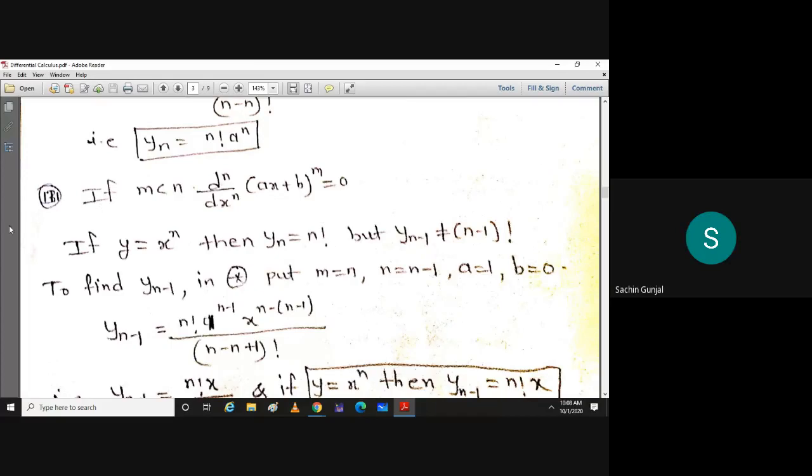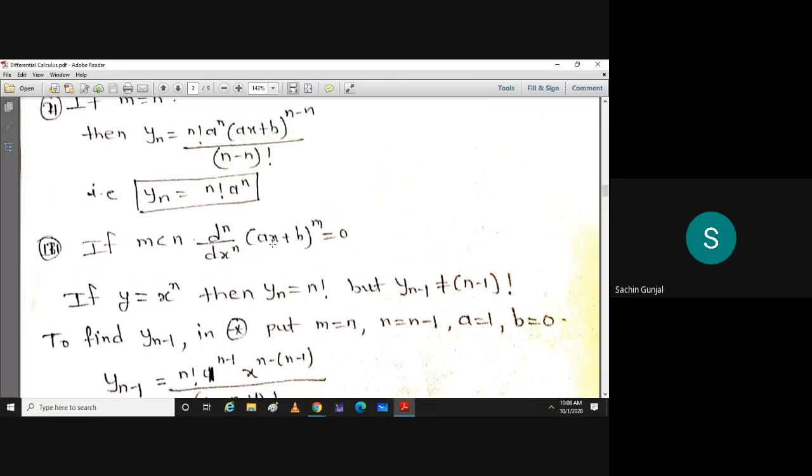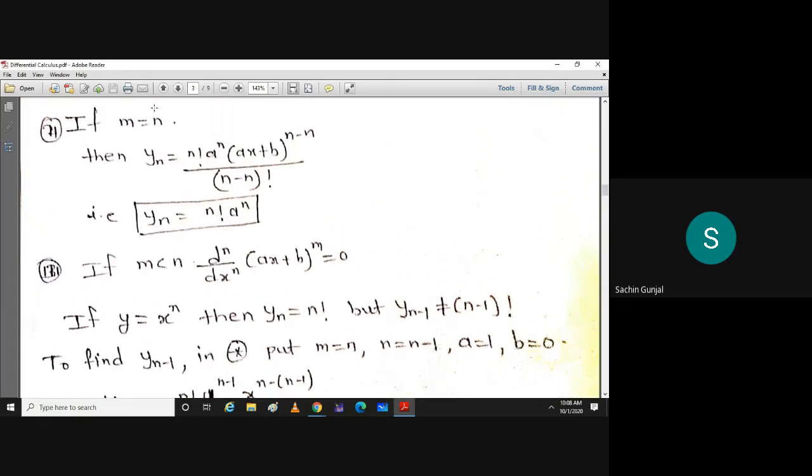Now if y is equal to x raised to n, what is its nth derivative? Look at this case: m is equal to n. What is the nth derivative of x raised to n?